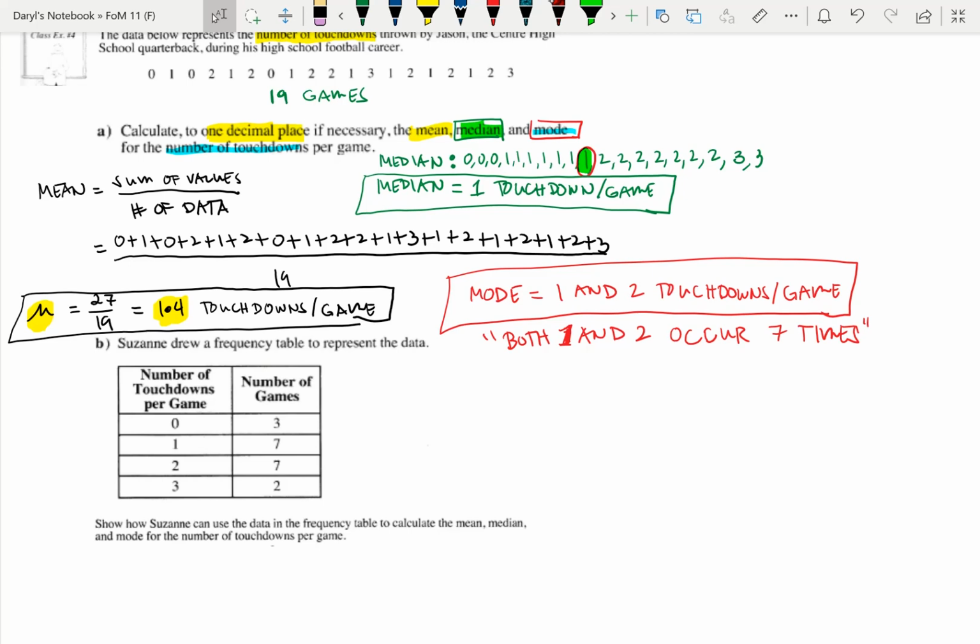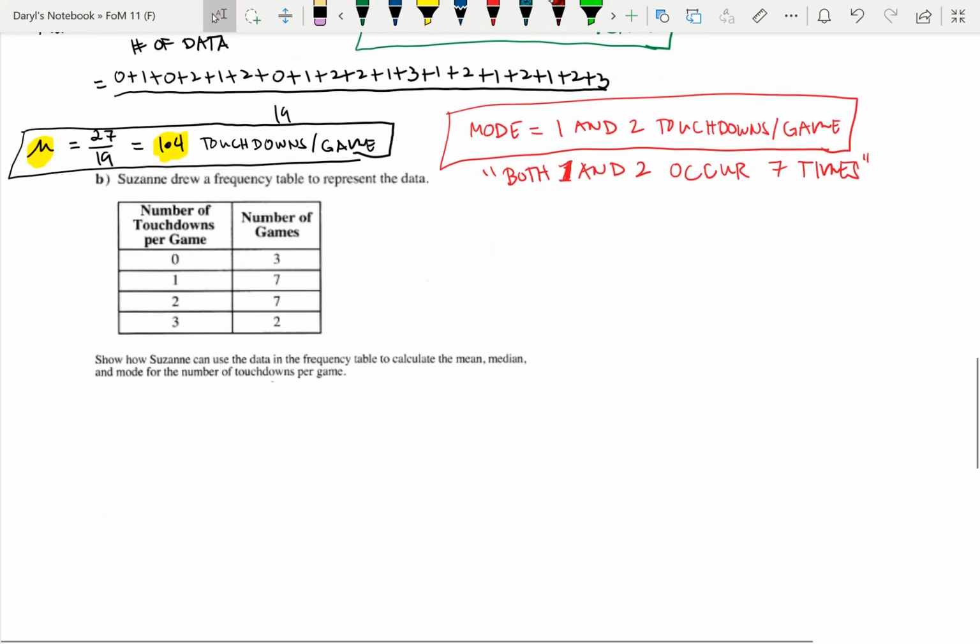Okay, so let's do letter B. We have here, saying draw a frequency table to represent the data. So the first column tells you the number of touchdowns per game, and then the number of games.